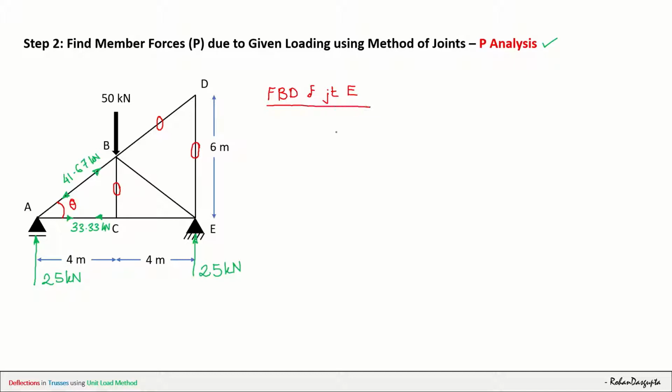First, I will take the joint E. Then this known force of 25 kilonewton will be there acting in the upward direction. That is the support reaction that we had found out. Then this horizontal force, as you know, all unknown forces I assume as tensile.